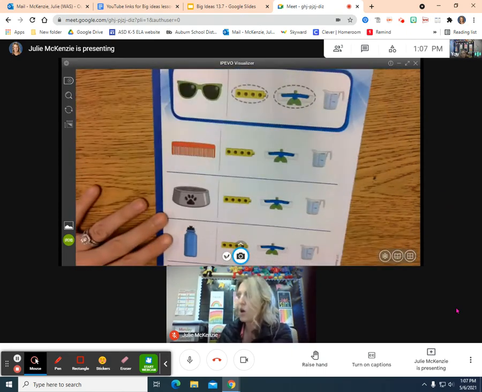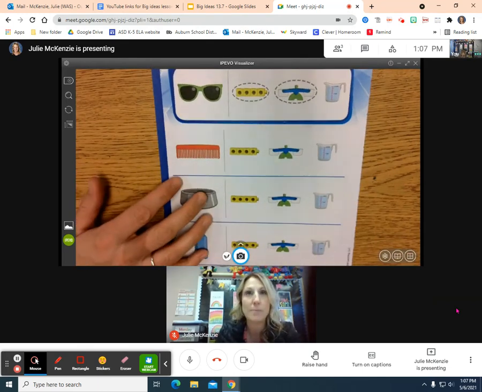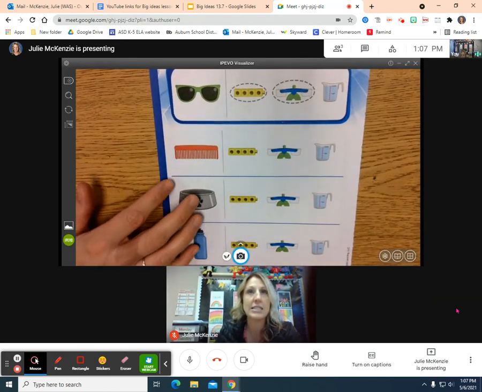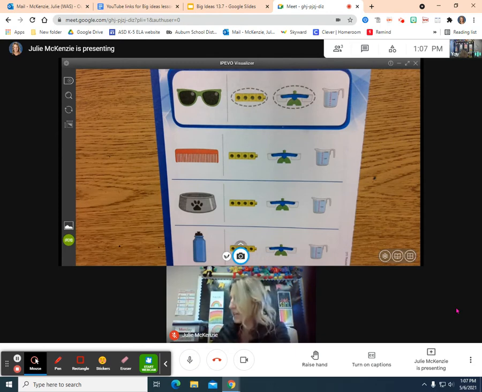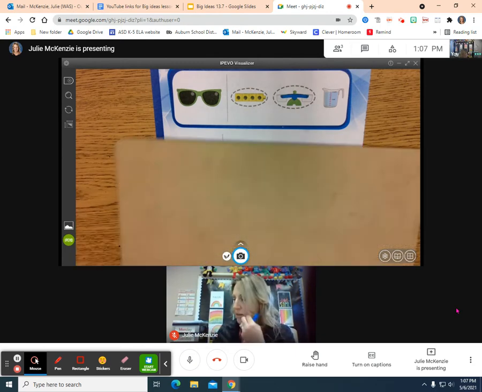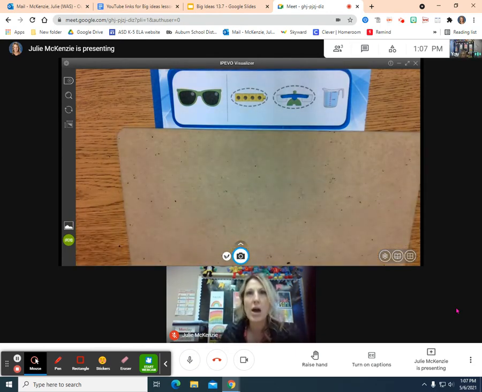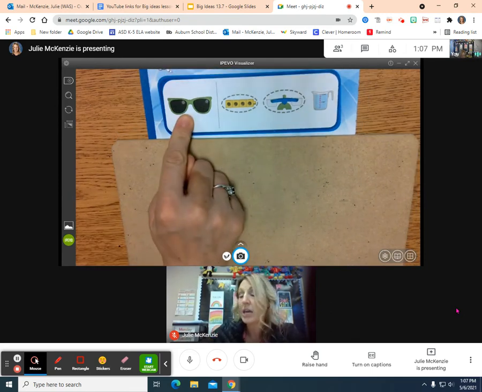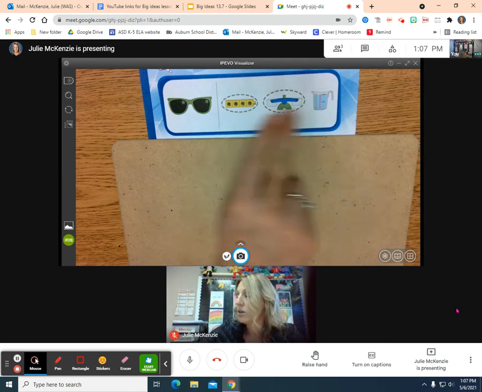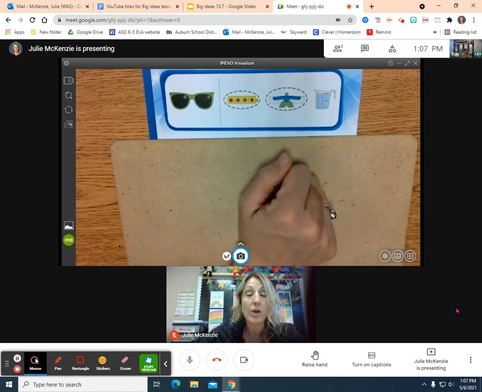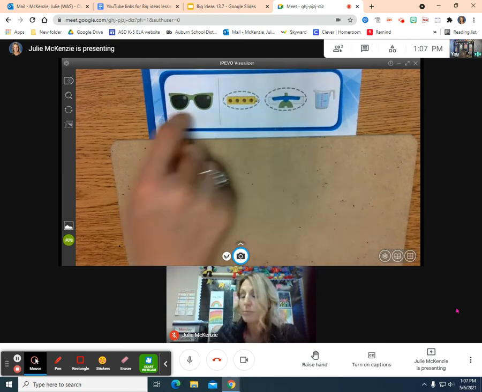Go ahead and open your book to page 678. Page 678. We're going to look at one row at a time. For each picture on this side, we are going to circle what measurable attributes this object has.